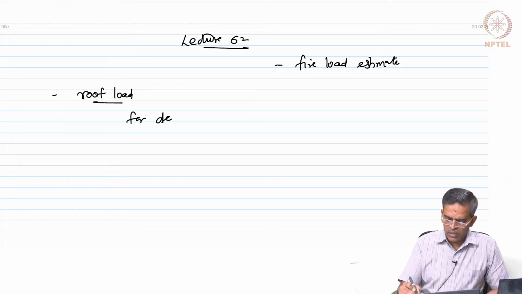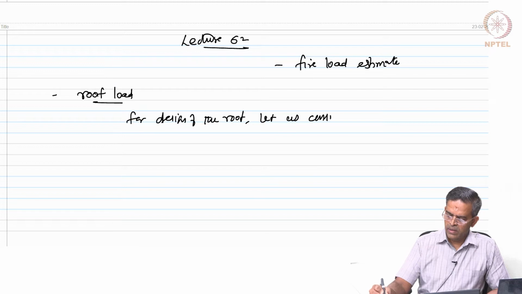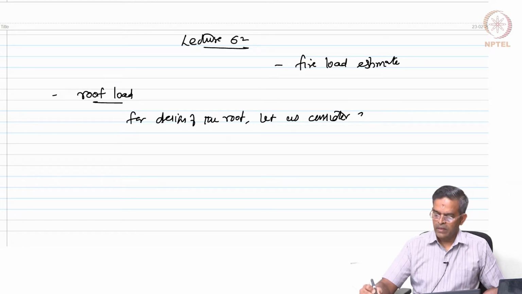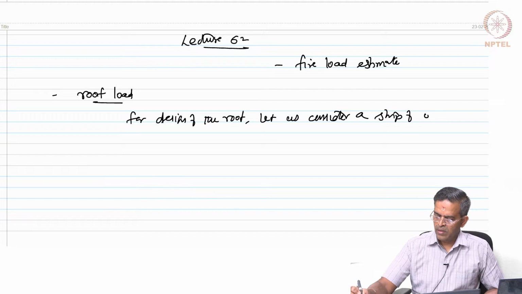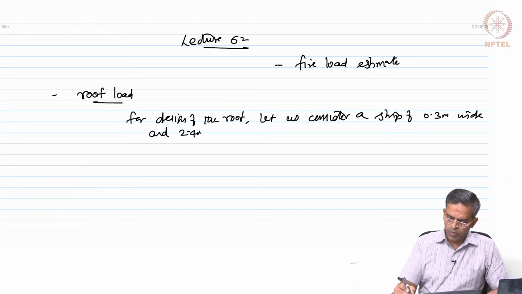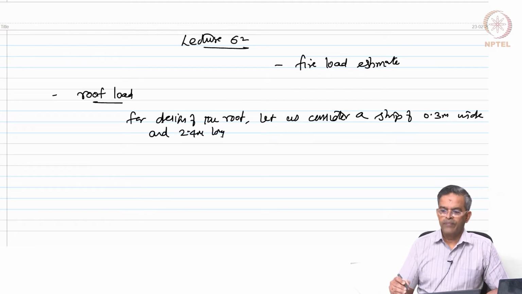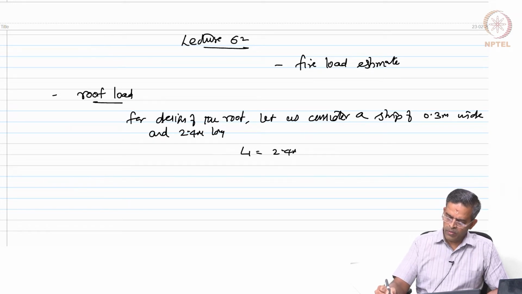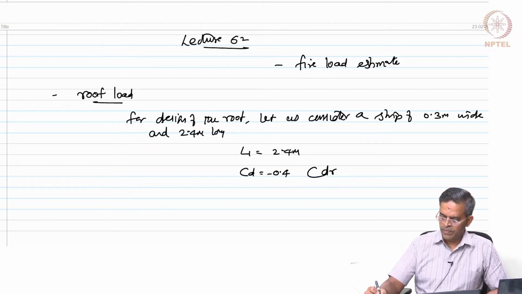For design of a roof, let us consider a strip of 0.3 meter wide and 2.4 meter long. So, let us take L1 as 2.4 meter and let the drag coefficient be negative 0.4, okay, for the roof.